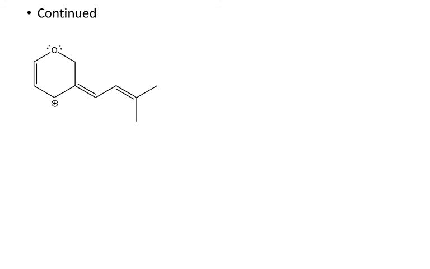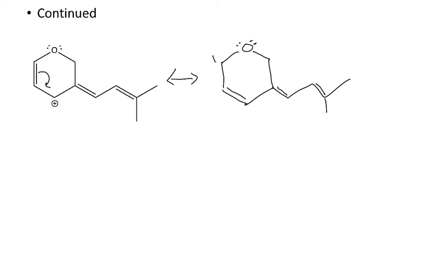Okay, so this is where we ended up last time, and I said what we're going to do is this. So now the double bond is here. That carbon gets the positive charge. And then for our final one, now I have a lone pair adjacent to a carbocation.